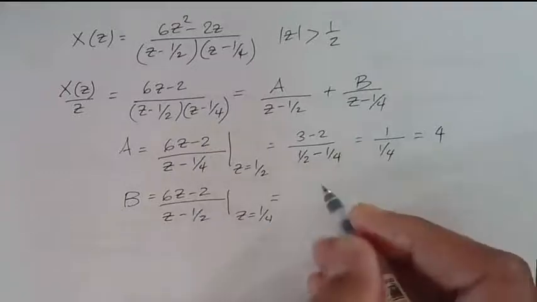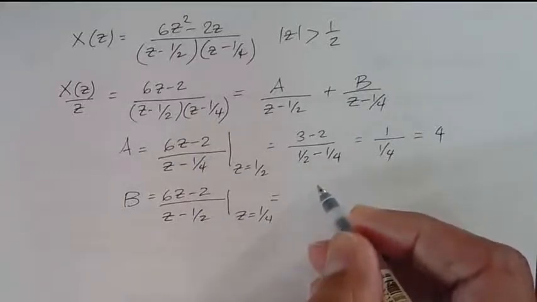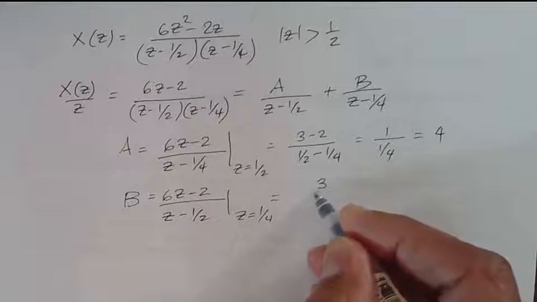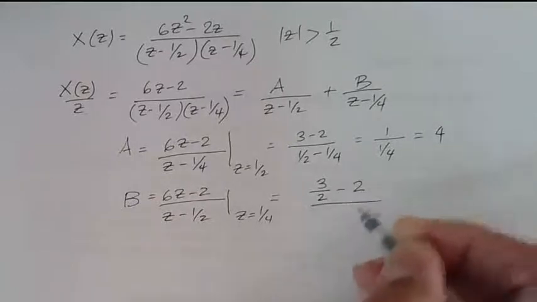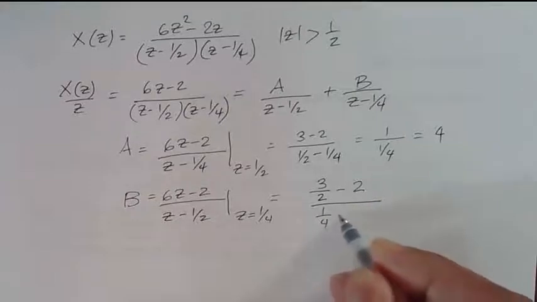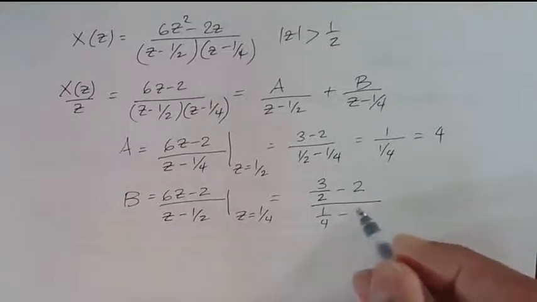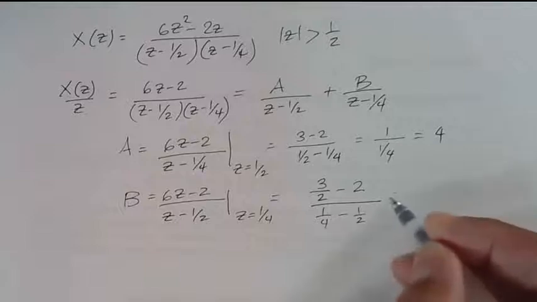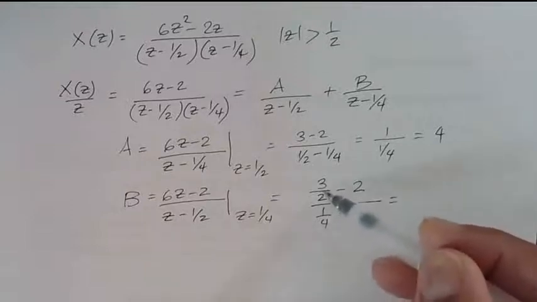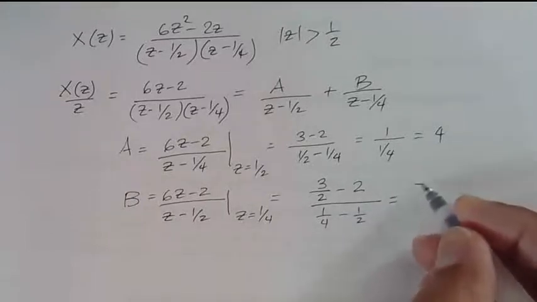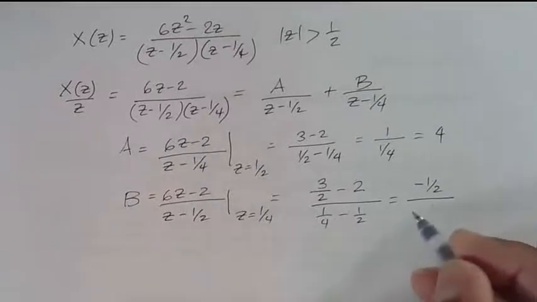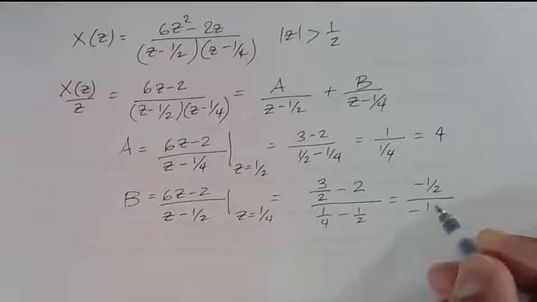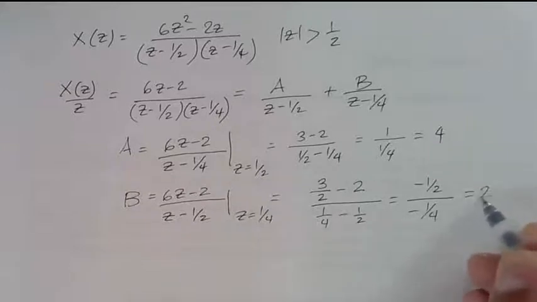So 6 times 1/4, 6 over 4 or 3 over 2, minus 2, over a quarter minus a half. So this is going to be 1.5 minus 2, which is minus a half, and a quarter minus a half is minus a quarter. So that's equal to 2.